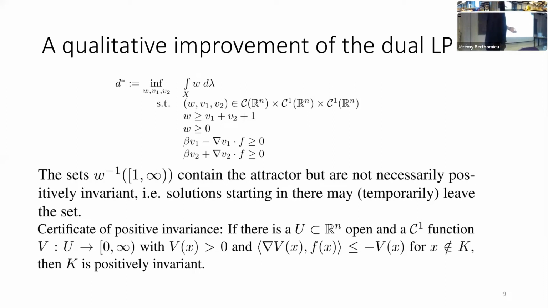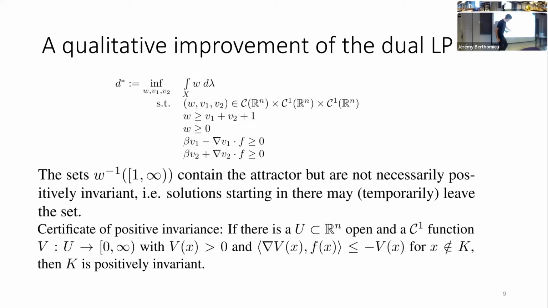Okay, what is a certificate? This is via so-called Lyapunov functions. A function B is a Lyapunov function if it's defined on an open set. It's real valued, but takes only values in the non-negative axis.